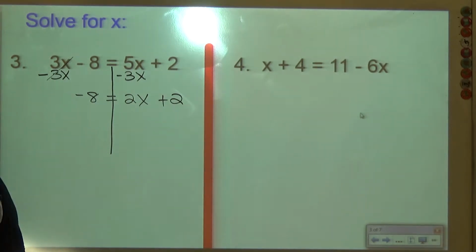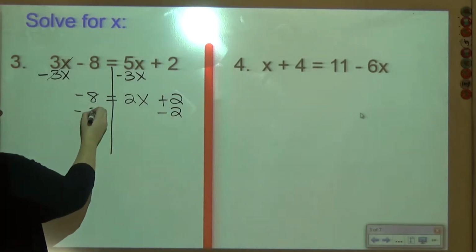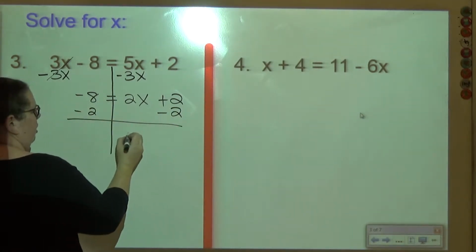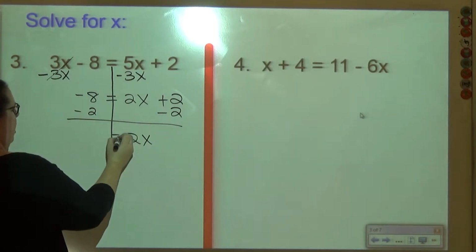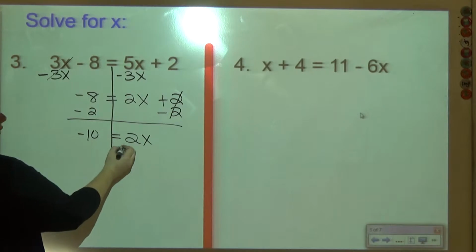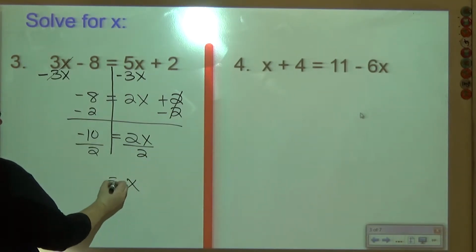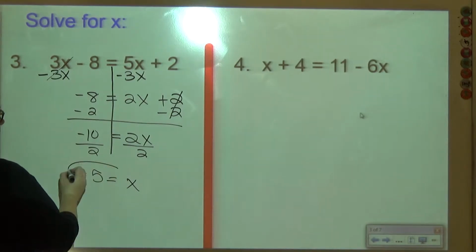Now it's something we know how to solve. We got to our two-step. Subtract first, minus 2, minus 2. 2x equals negative 10. That's 0. And finally divide. x equals negative 5.